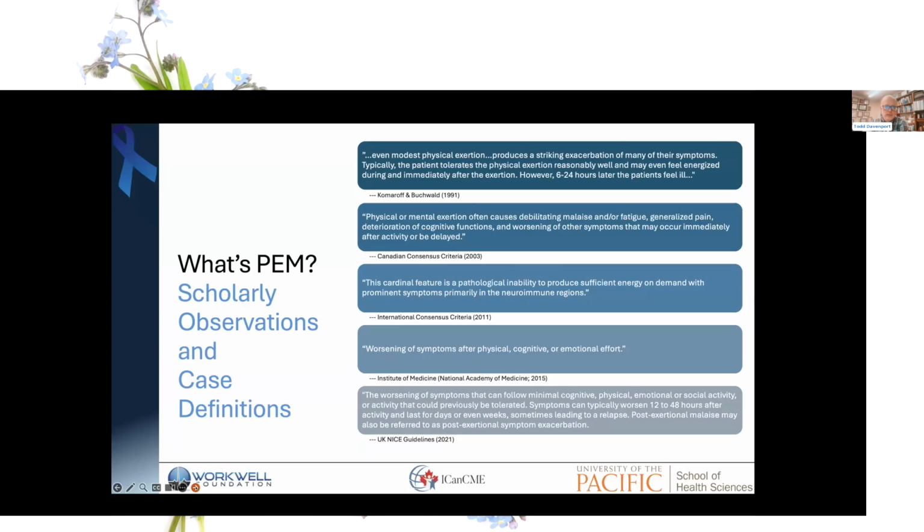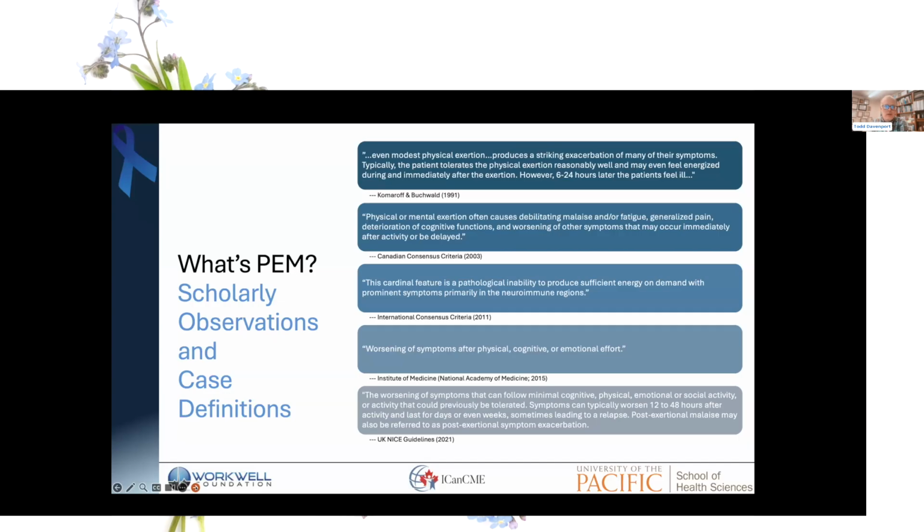My kids might even say it's back in the day. And so they characterized it as after even a modest physical exertion, a striking exacerbation of many symptoms. Typically, a person tolerates physical exertion reasonably well during and immediately after, but with a little bit of a time delay, patients with ME feel ill.